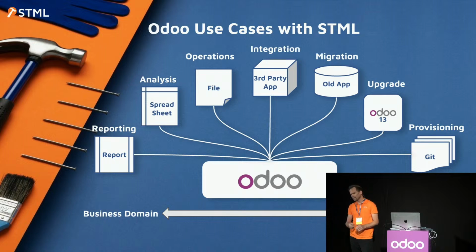As I heard Fabien say this morning, who doesn't like spreadsheets? You can use this to easily export any data. It can be Odoo, it can be other applications into your spreadsheets. And if you have someone provide you with the STML, you can even use it to safely import data into your Odoo database.